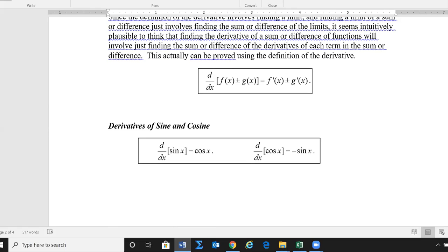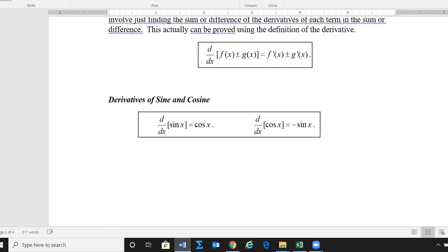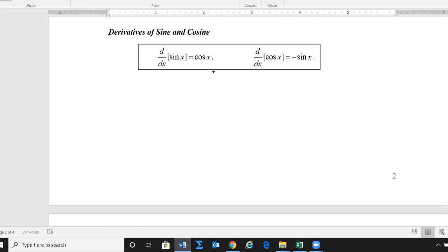Now, again, these can be proved using the limit definition, just by putting it together. Fairly simple. These two can also be proved, but you'll need to use a little bit of trigonometry. You'll have to work with the cosine of a sum and the sine of a sum and difference.